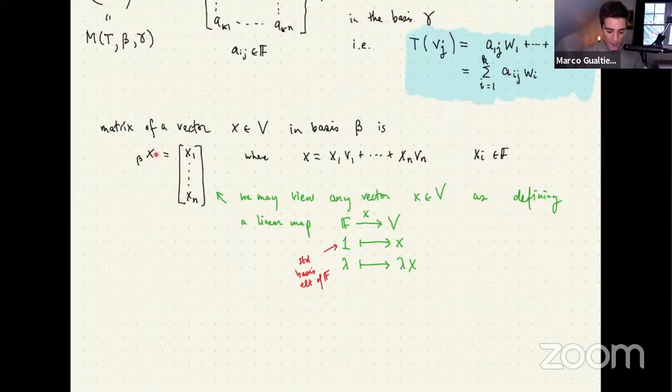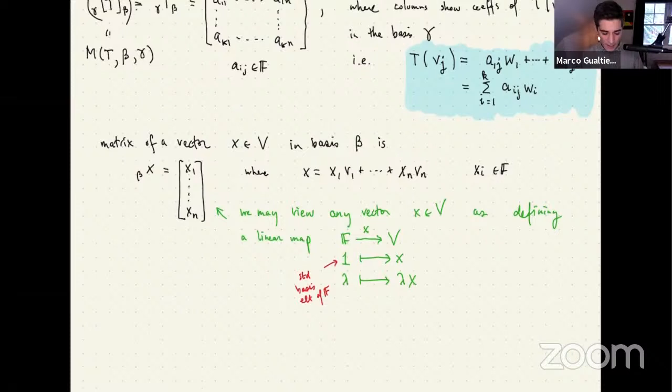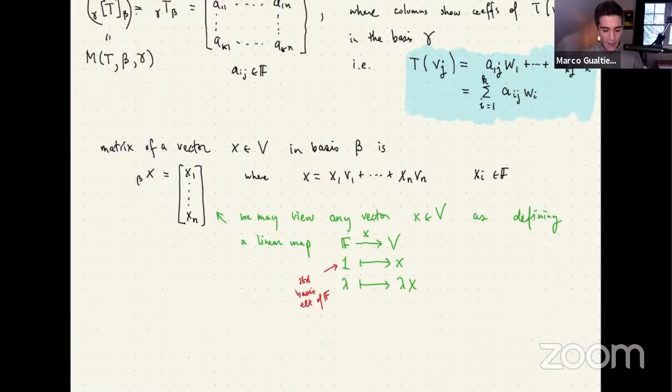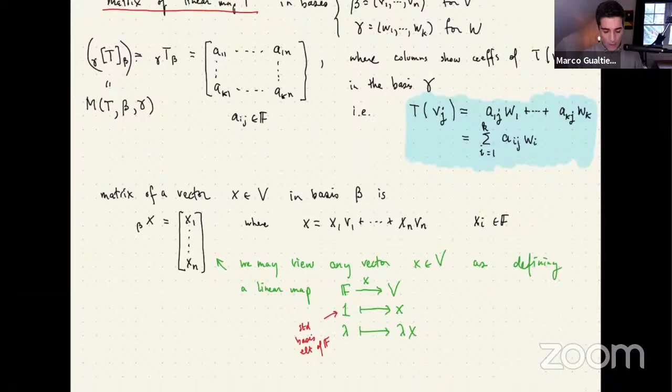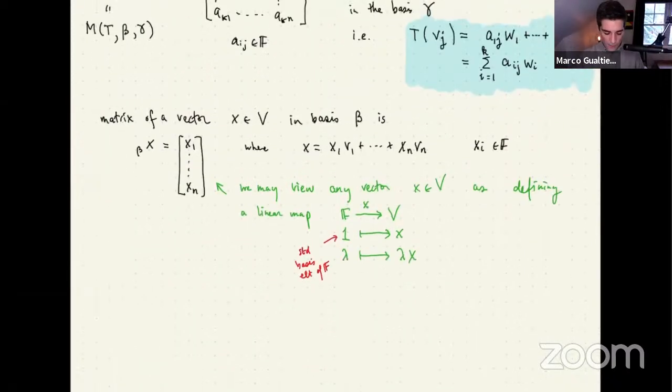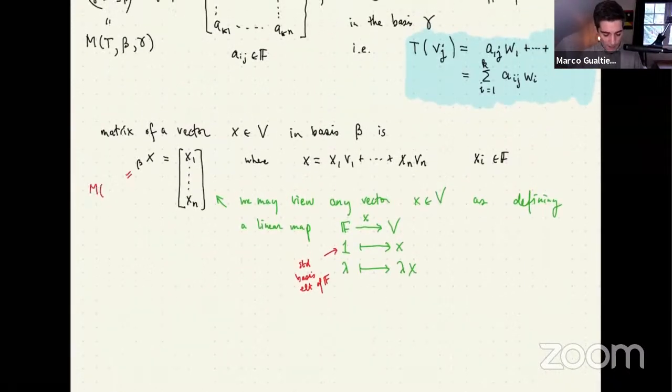I'm not writing any notation for the basis of the field because there's an obvious choice, which is just the number 1. That's the basis, and then I'm using the basis of V, which is beta. So this is a special case of this notation. You could say, if you wanted, that this is the matrix of x relative to the basis 1 and the basis beta.